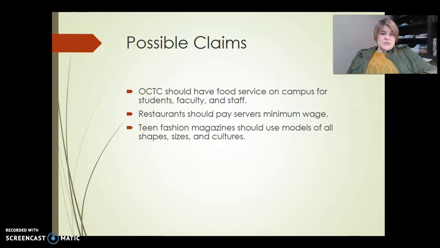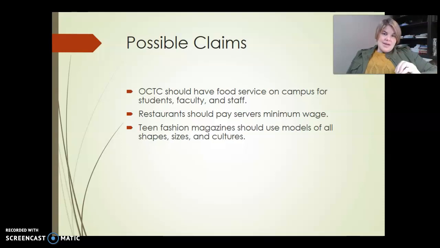Restaurants should pay servers minimum wage. If I am a minimum wage worker, then I can use my personal experience, my primary experience as a server to argue this. I'm going to have a lot of knowledge. I'm going to know how much minimum wage is. I'm going to know how much servers get paid. But I'm going to know that information because I'm living it, not because I've looked it up.